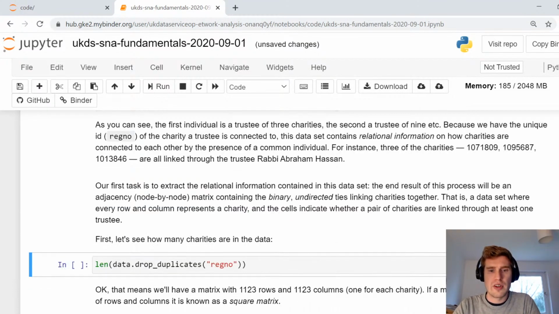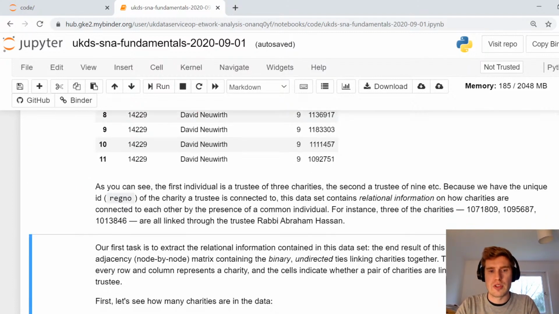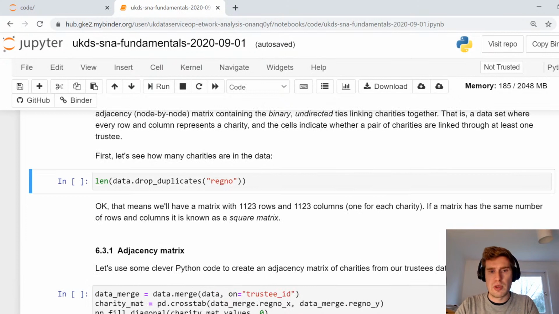So excellent. One of the first things we want to do is just take a look at how many charities there are in the data set. You'll notice the way it's currently structured is we have lists of trustees. So there's 2,700 records, but that's not necessarily 2,700 people, it's X number of people on the board of Y number of charities. So we just want to do a simple count of how many organizations are in the data set.